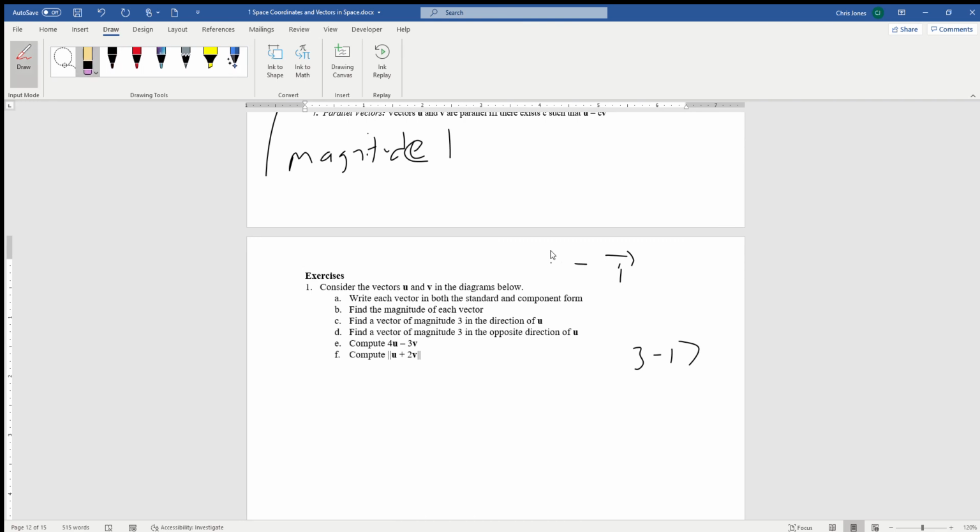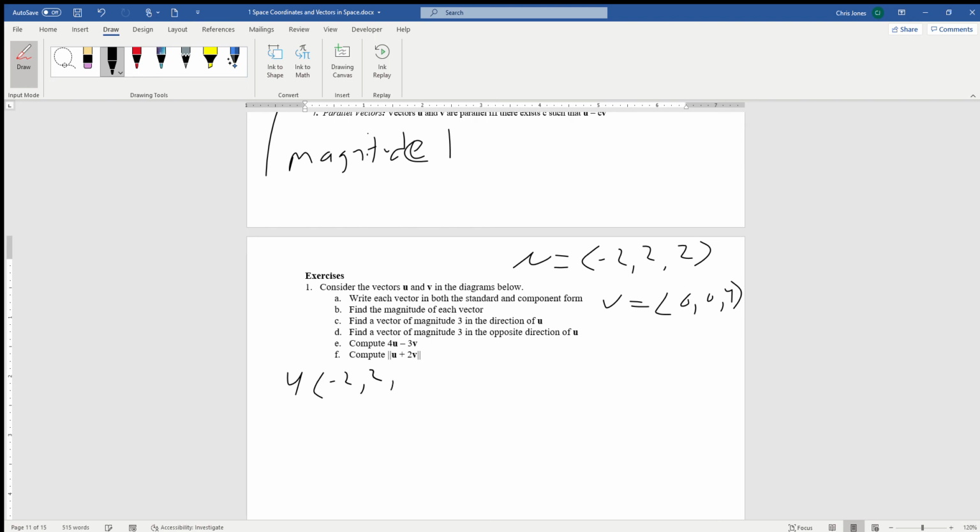Let's recall what u and v were. u was negative 2, 2, 2, and v was the vector 0, 0, 4. So at this point we're just going to take 4u minus 3v: 4 times negative 2, 2, 2 minus 3 times 0, 0, 4.